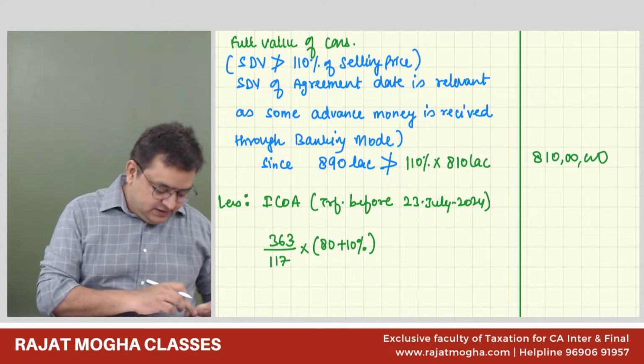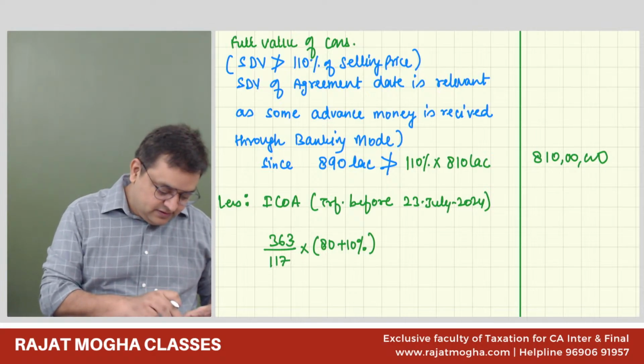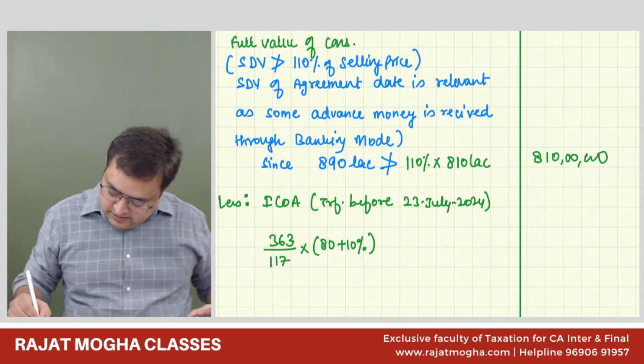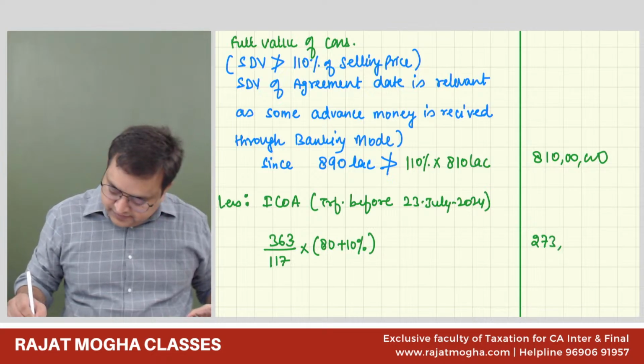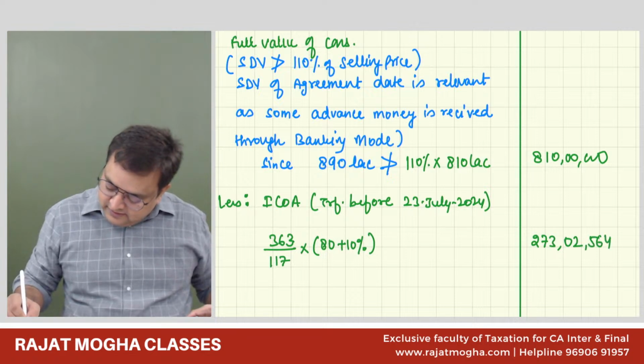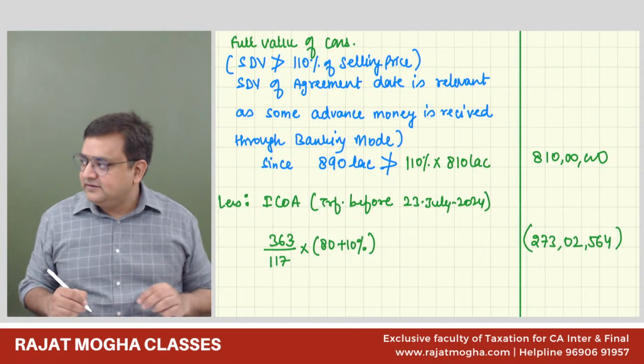So it would be 363 divided by 117 into 88 lakh, which is 273 lakh 2,564. Yes, sir, 273 lakh 2,564. Correct, very nice. So this is the index cost of acquisition. We'll be subtracting it from the selling price.